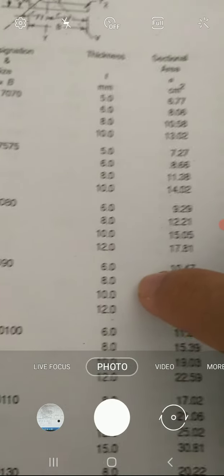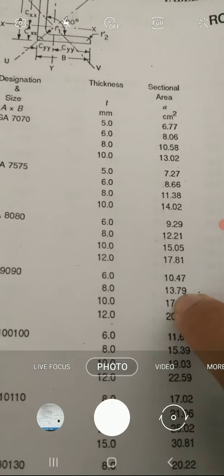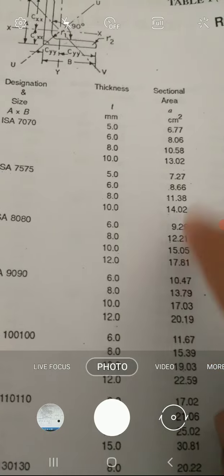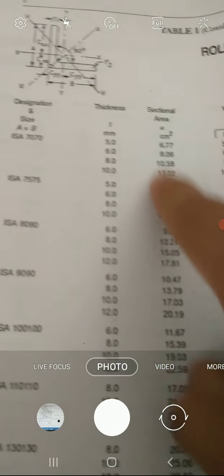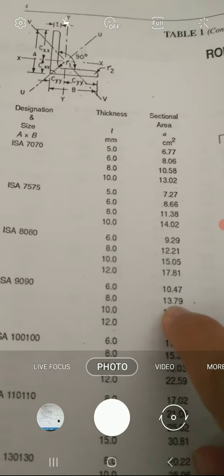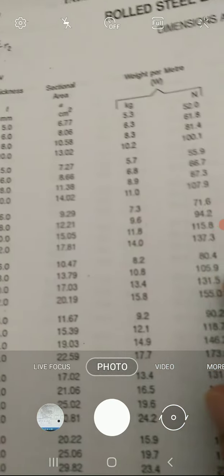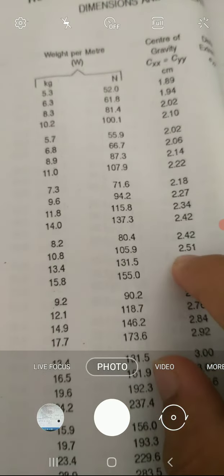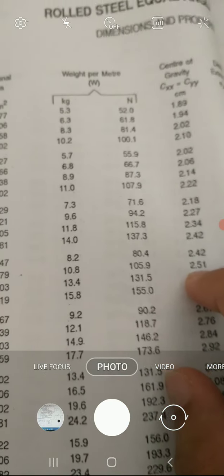Here we have the area value, that is 13.79 centimeter square. That's why I have to multiply by 100, that is 1379 millimeter square. In the same way, the CXX value will be here, that is 2.51 centimeter or else 25.1 mm. That is what I have written here.